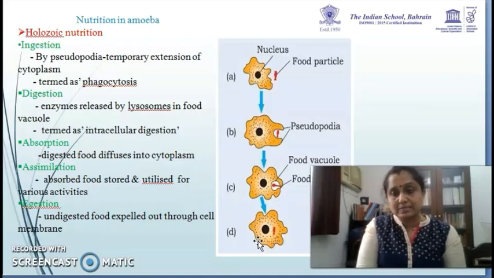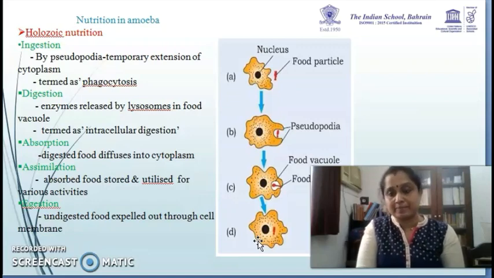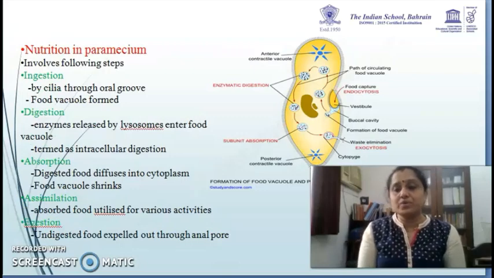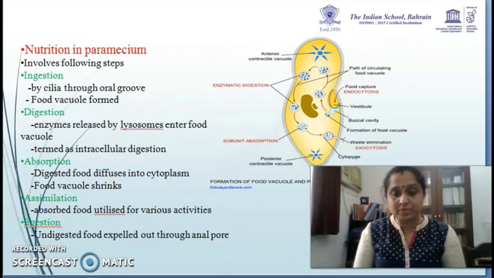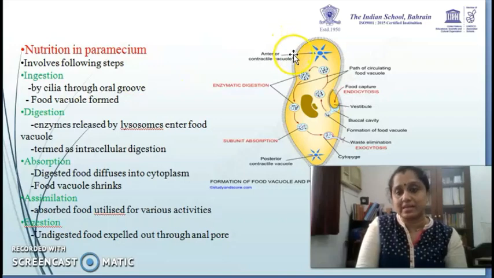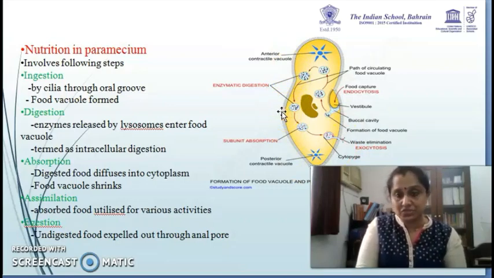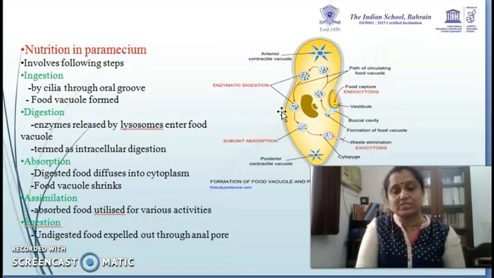If we compare this nutrition in amoeba and paramecium, you can see some differences. In the case of paramecium, the intake of food takes place with the help of cilia. You can see cilia all over the body, the cell membrane. The cilia is a hair-like structure and it helps to catch the food material.